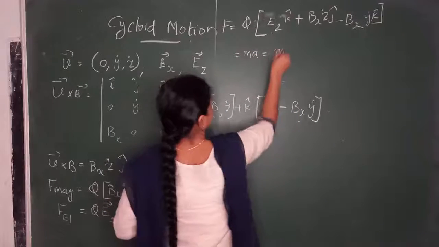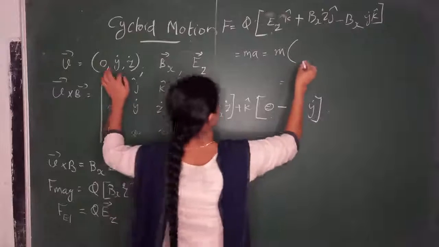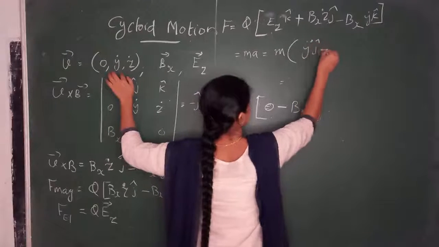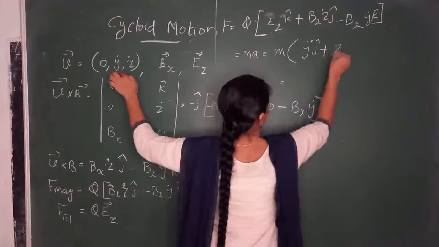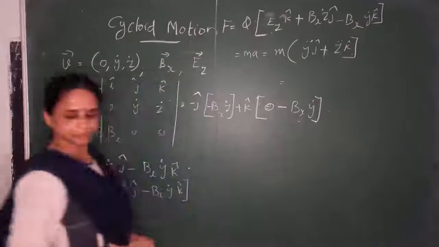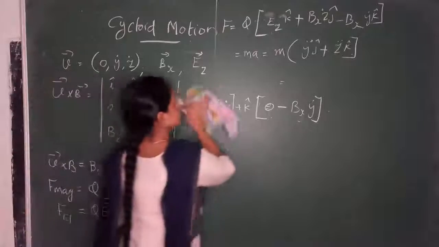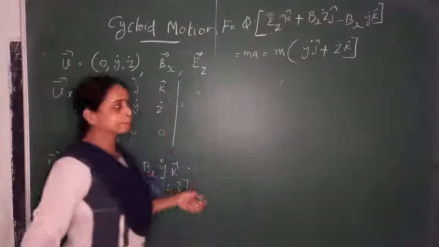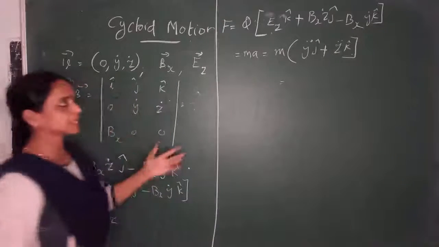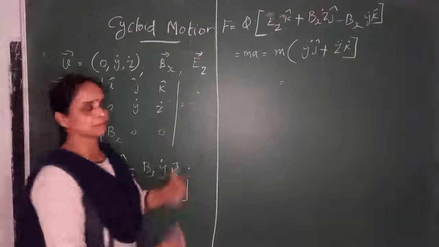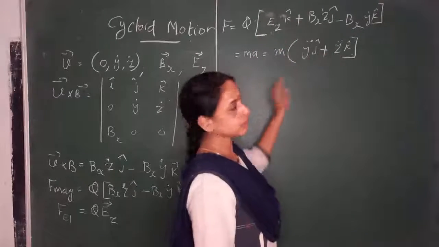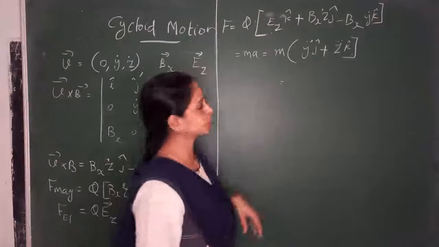Then what is a? m into what is a? y double dot in the j direction plus z double dot in the k direction. Then you can compare both the sides, left hand side and right hand side. You can take the same component, that is the k component in one equation and the j component in another equation.